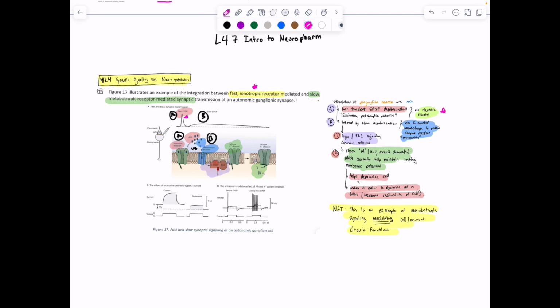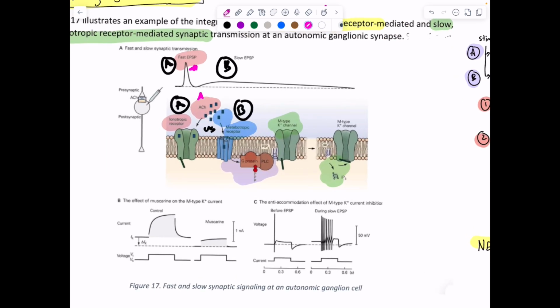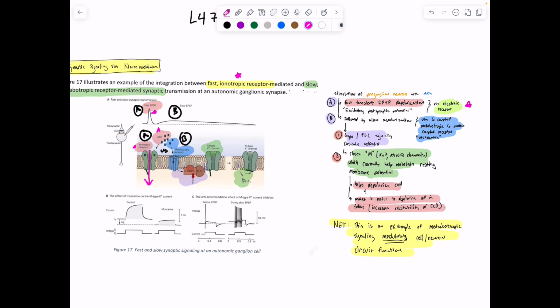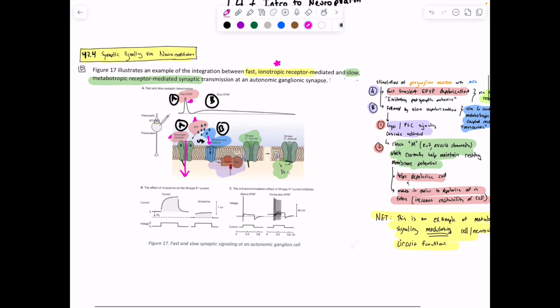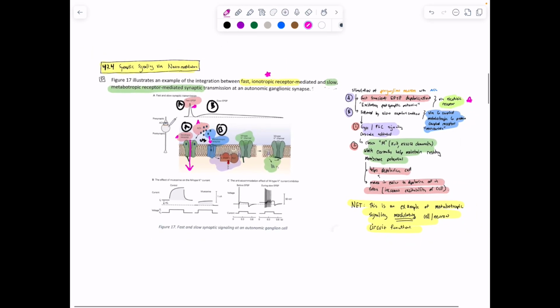But then the metabotropic receptor is also being stimulated, and so acetylcholine in this case can act as a neuromodulator for its own circuit, resulting in a G-coupled protein pathway that's going to open a K channel.